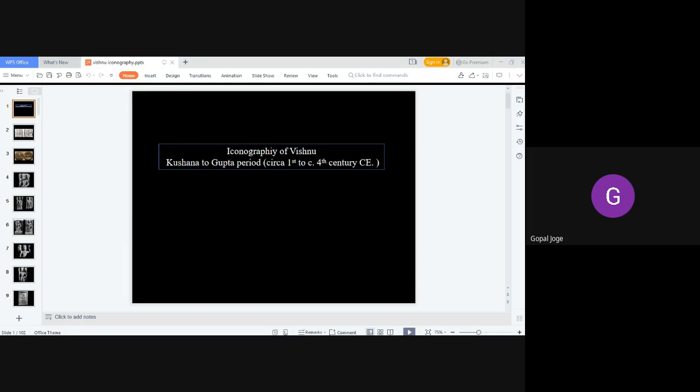So that will be a part of our further discussion when we see the icons, especially the images in which these forms of Vishnu are portrayed, especially in the Vaikuntha Vishnu image. There, the presence of these Pancha Vrishni heroes can be seen.